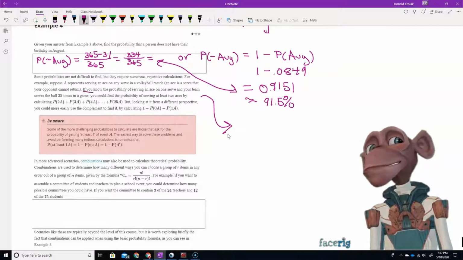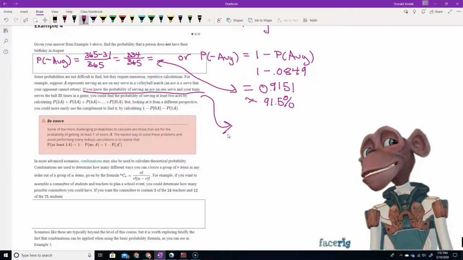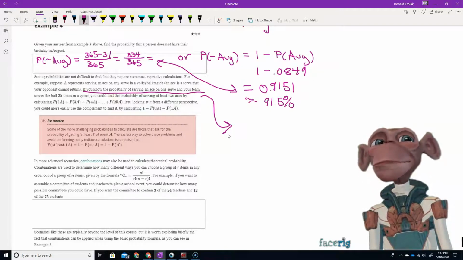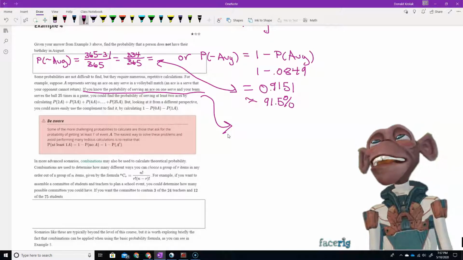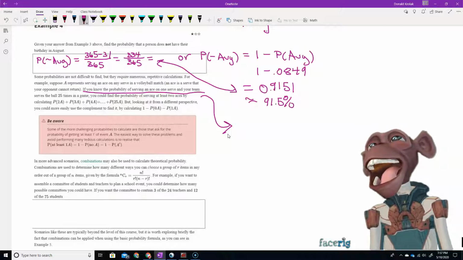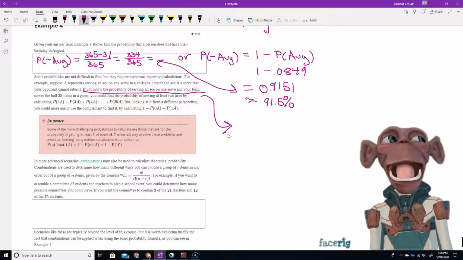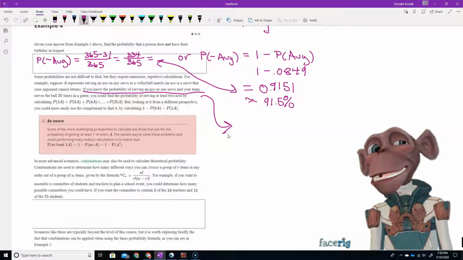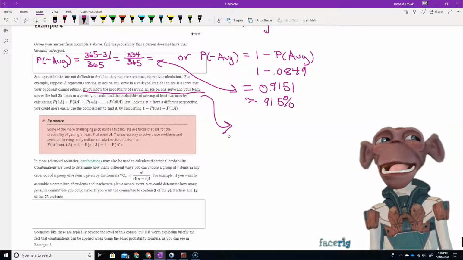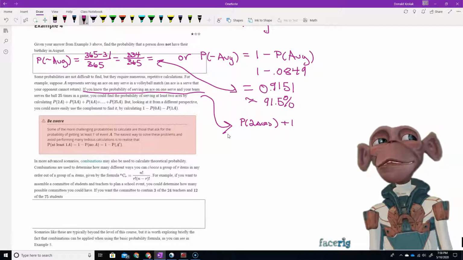There's an example described here in this paragraph: if you know the probability of serving an ace on one serve and your team serves the ball 25 times a game, and you needed to find the probability of getting at least 2 aces out of those 25, what you'd have to do is find the probability of getting 2 aces, then the probability of getting 3 aces.